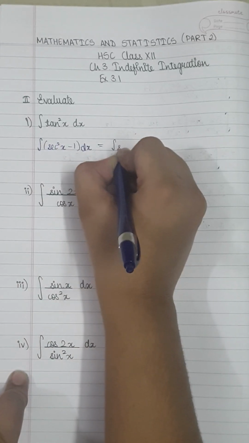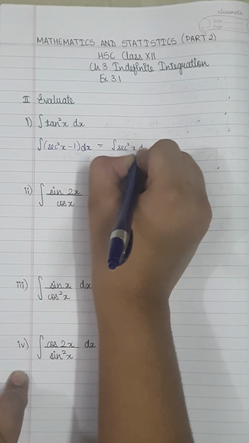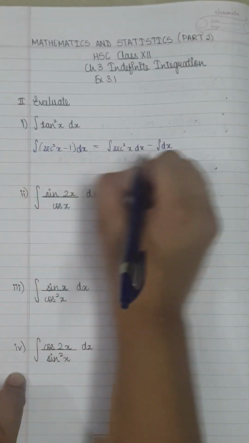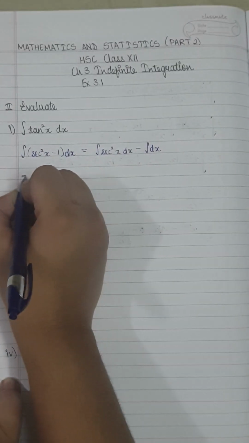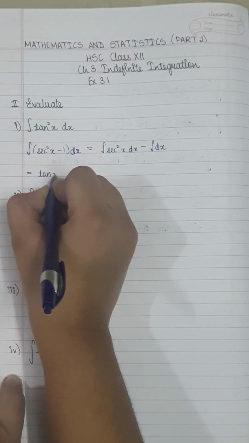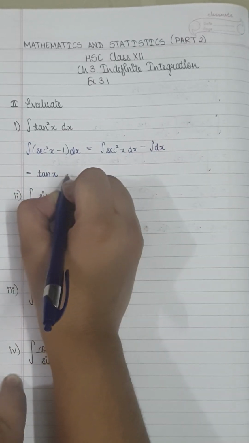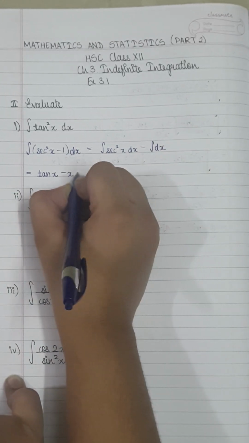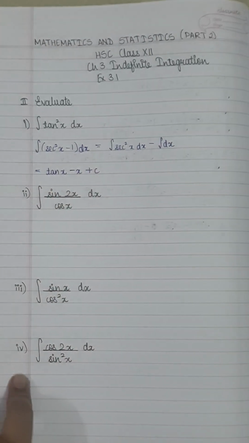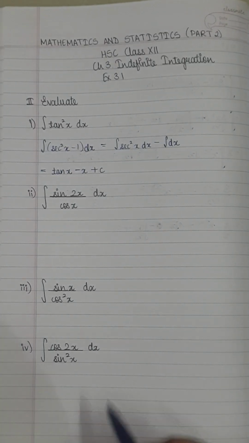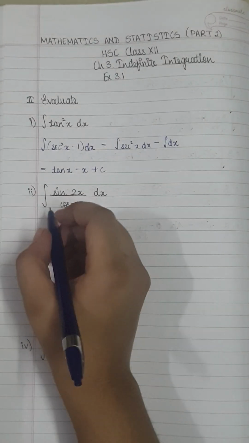So we break it into integral of sec square x dx minus integral of dx. The integration of sec square x is tan x, and integration of dx is x, and you add the integration constant c. That's your answer.